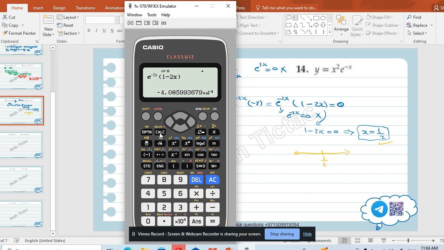Then close the bracket, then calc at value greater than 1 over 2. This is going to be 5, for example. So this is negative, as you can see, and a value less than 1 over 2, which is 0, for example.